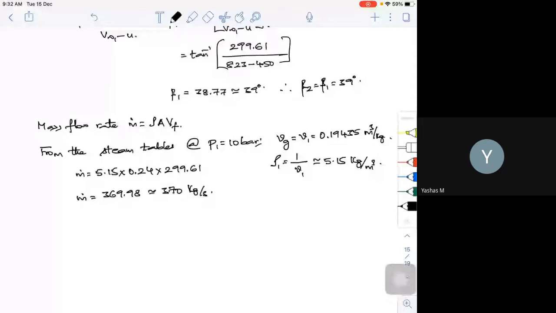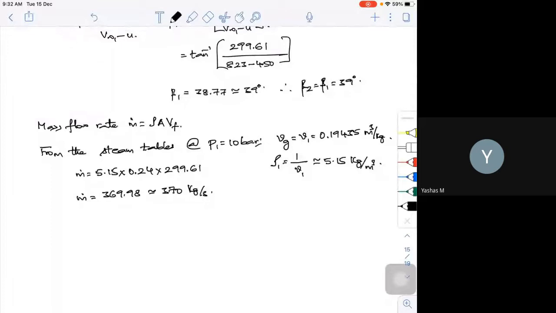Here in this problem statement, it is dry saturated, so I am taking the specific volume of dry saturated steam. If it is superheated, they will tell you the pressure and temperature, whether 400 degrees or 450 degrees, and you have to go to the superheated steam tables and take the value.